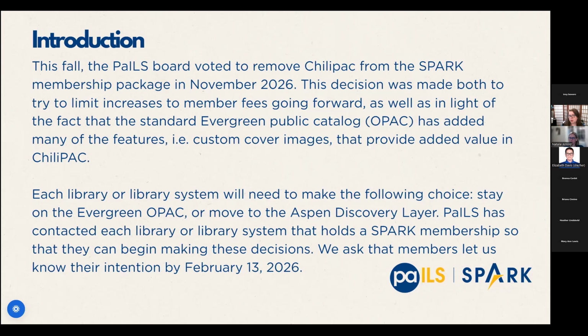There's been a lot of development on the Evergreen OPAC since then, including custom cover images, which is in the staff side. So, we feel like the Evergreen OPAC's caught up, and we are very confident in that product, and we think that you guys are going to be really happy with that transition.